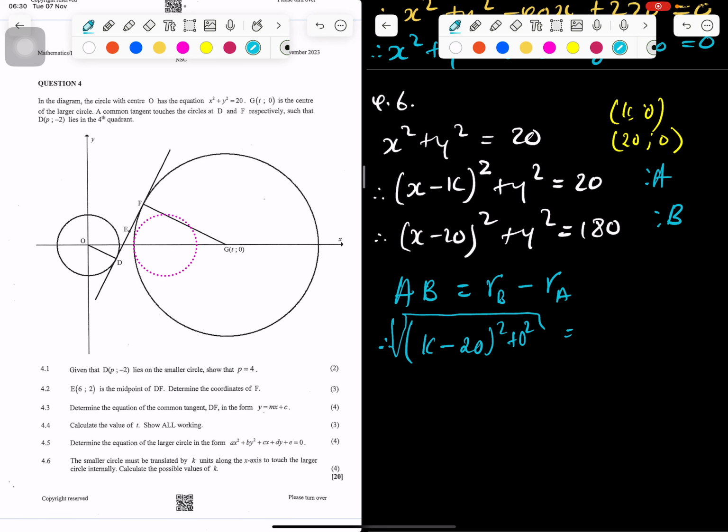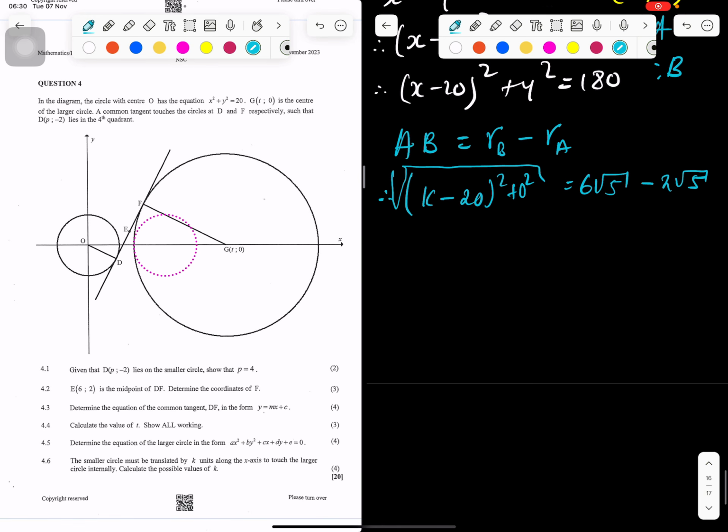And then now the radius of the big circle is the square root of 180, which is 6 root 5, minus the radius of the smaller circle. You square root 20, you get to the square root of 5.